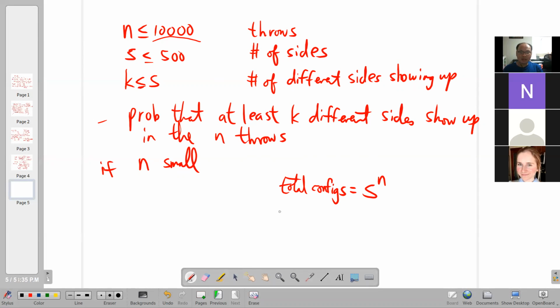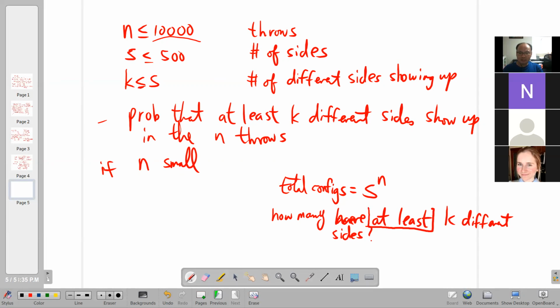And then you want to figure out of all those, how many have at least k different faces, different sides. Whenever you see the words at least, it's actually harder to do, because at least k means it can be k, it can be k plus 1, k plus 2, and so on up to S.